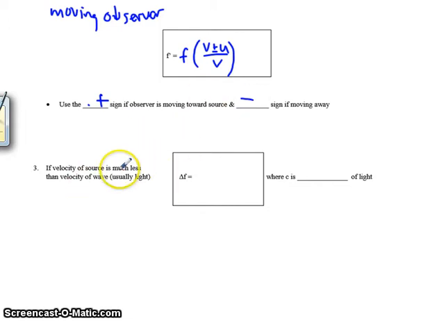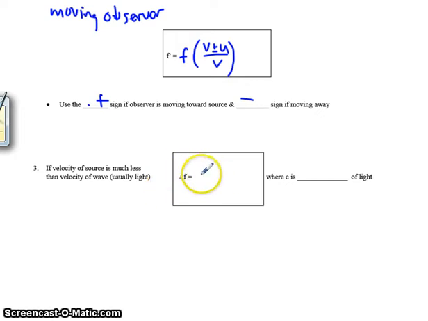And lastly, in certain circumstances, the velocity of the source is much, much less than the velocity of the wave. This usually applies to light, but it can also apply to sound traveling through a liquid or a solid where it goes particularly fast. So instead of solving for a new frequency, F prime, we can solve for the actual shift in frequency.